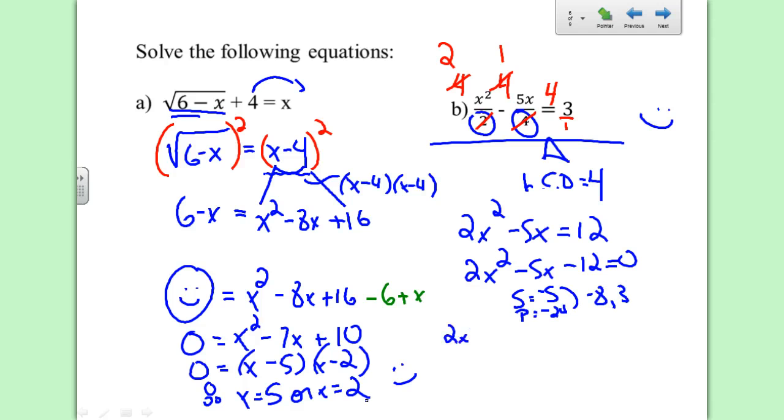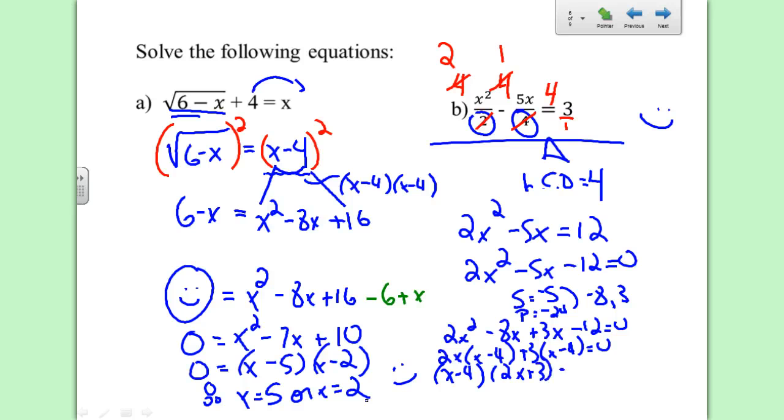That tells me that 2x squared minus 8x plus 3x minus 12 equals 0. So I take out a 2x and I get x minus 4. I take out a plus 3 and I get x minus 4. That gives me factors of x minus 4 times 2x plus 3. And I now know that for x minus 4 to equal 0, x equals 4.